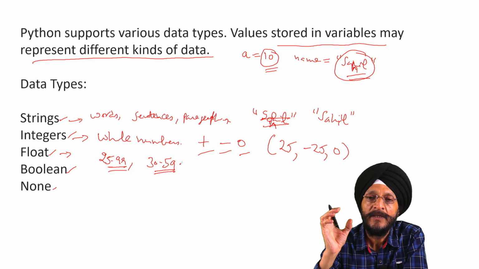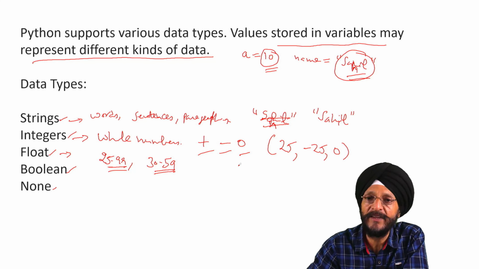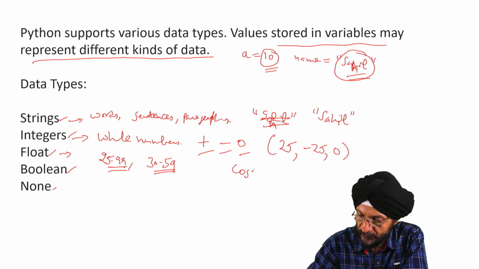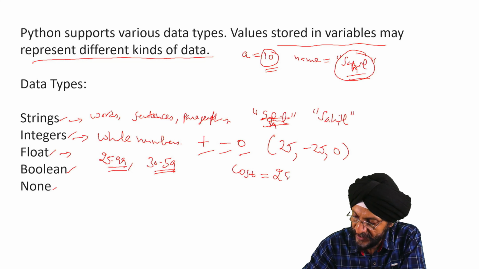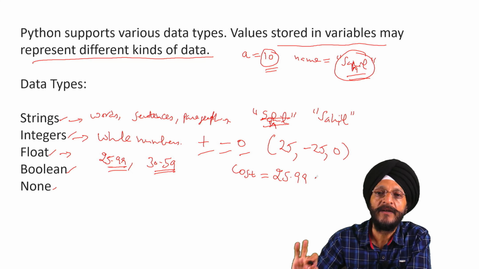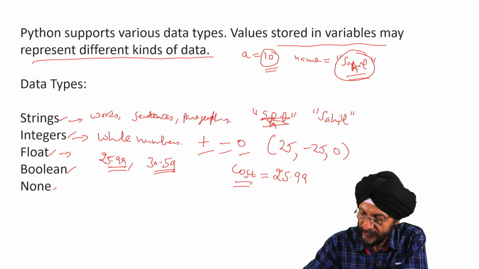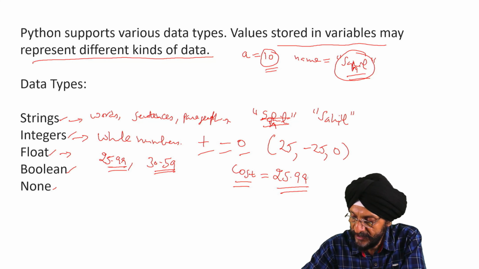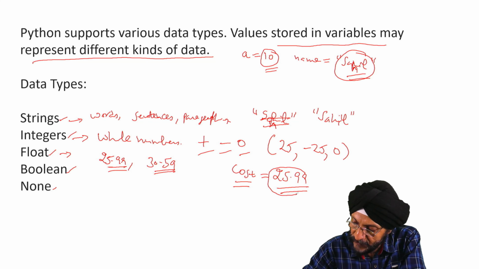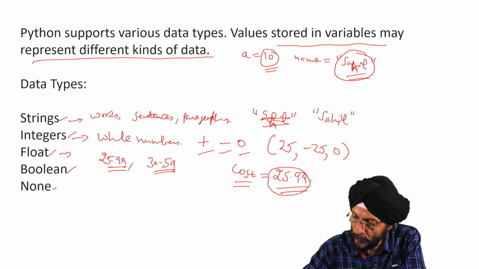So if we have a variable name, say cost, it can have a value, say 25.99. This is the variable name, this is the value stored in it, and the type of this value is float.